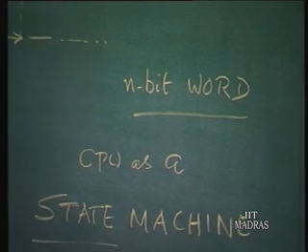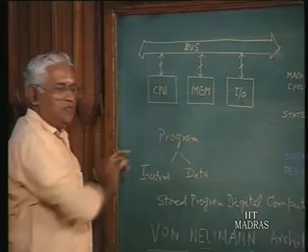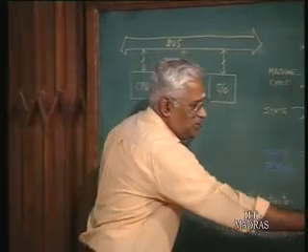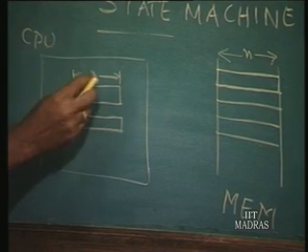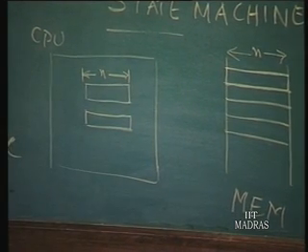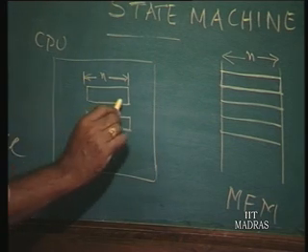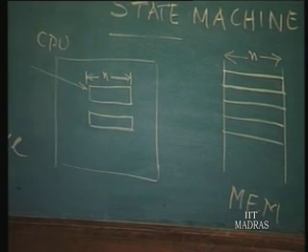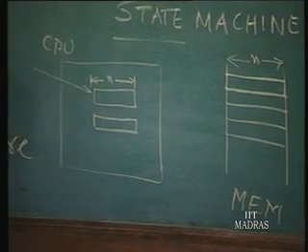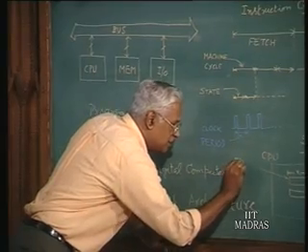The memory holds an n bit word and the bus can transfer the n bit word and the CPU can receive internally this n bit word, okay? So the element which stores such a unit of data in the CPU, generally it is called a register, okay? A register.